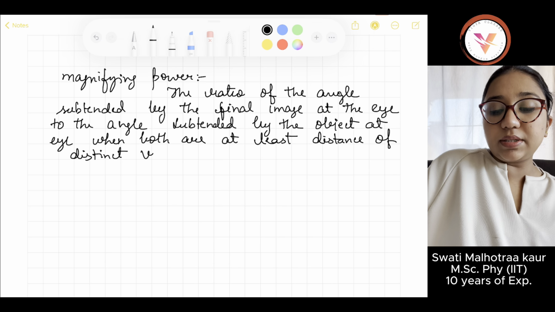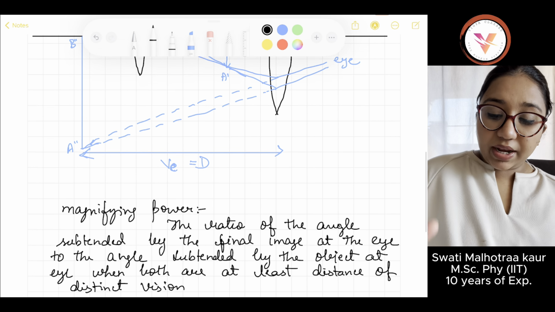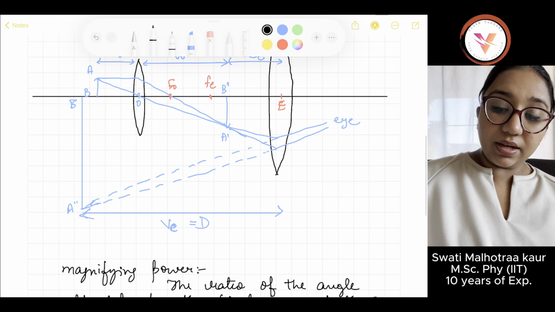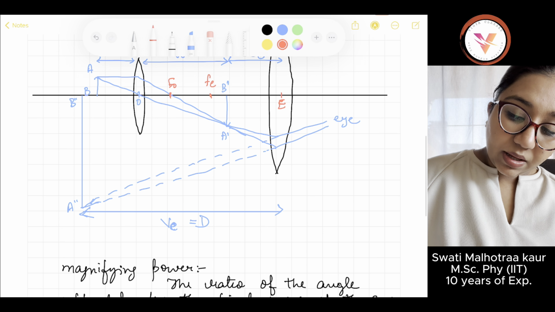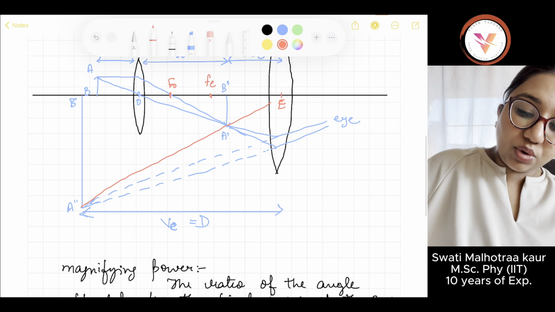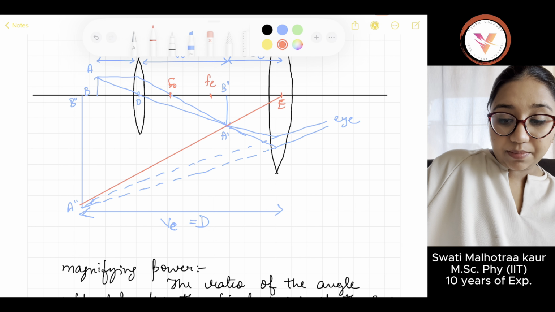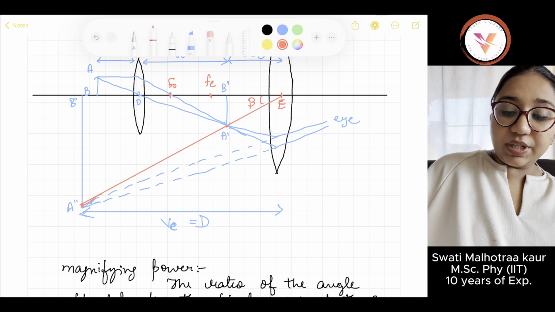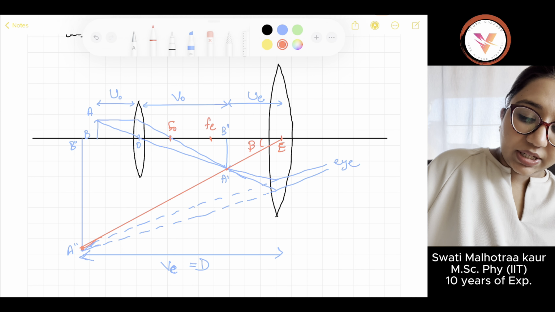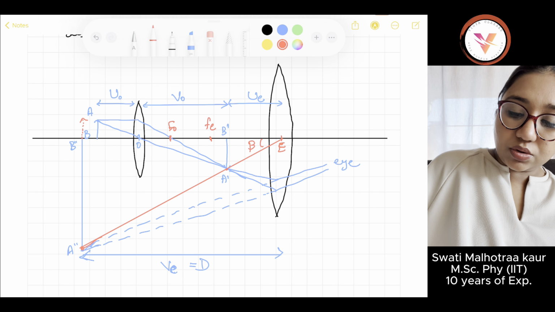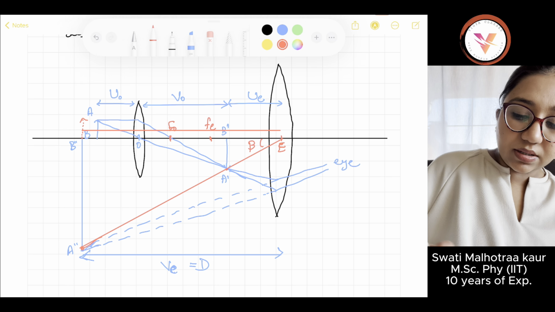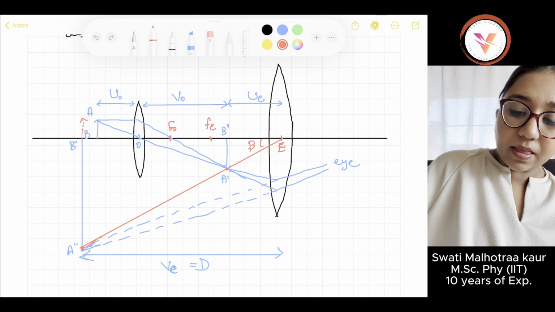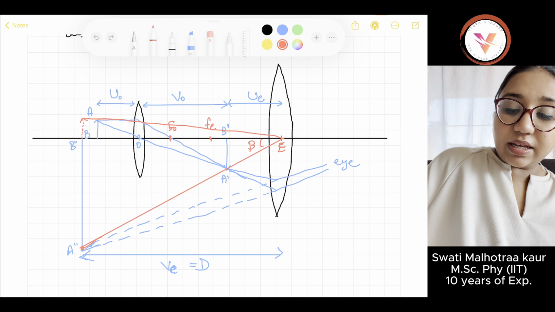Okay, that means your final image is this and it forms an angle. Let's take beta at the eye. So I have joined this, and always remember that this line passes through this. Okay, so this angle is my beta, and this object is also making some angle with your eye when this object is here, and that angle is alpha.